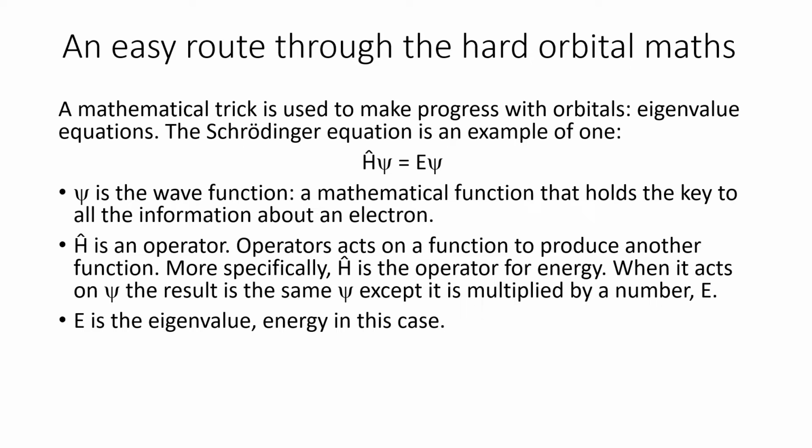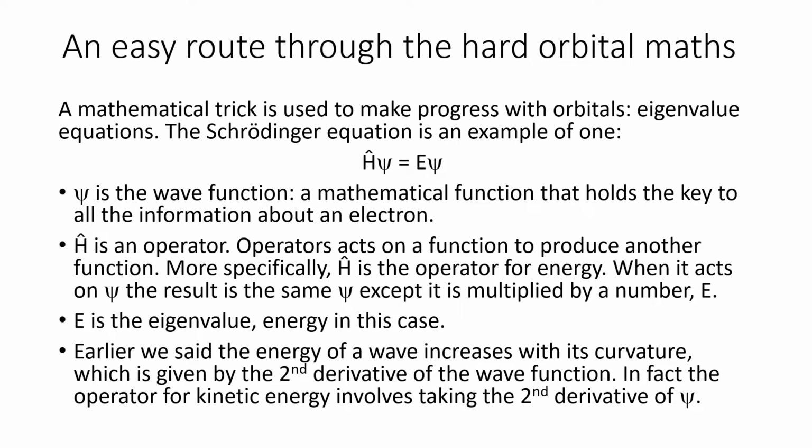So our operator interrogates the wave function. You can think of it as asking the wave function a question: what is your energy? The result of that operation is that the same wave function comes back, but multiplied by a number, which is the energy. It's a beautiful system that has very wide applicability, and we're going to use it a lot.